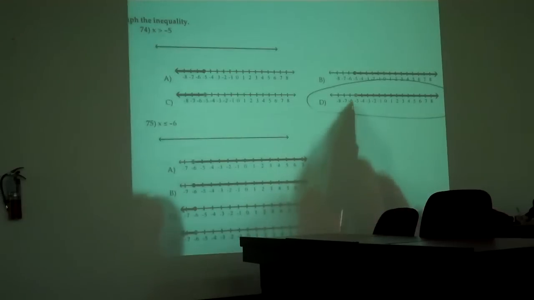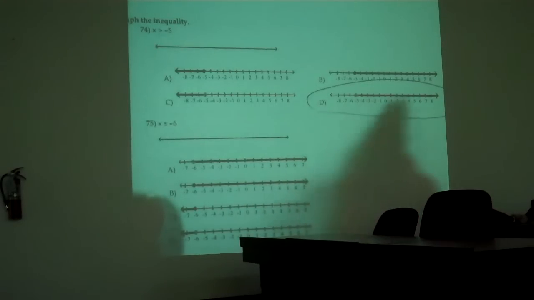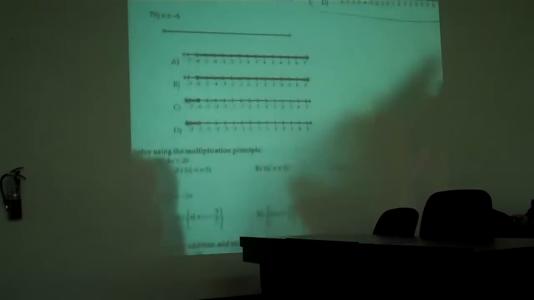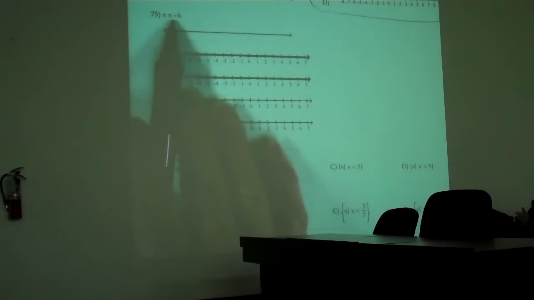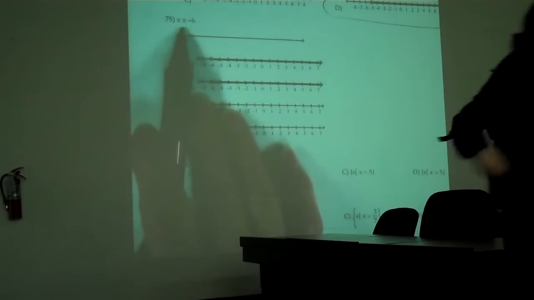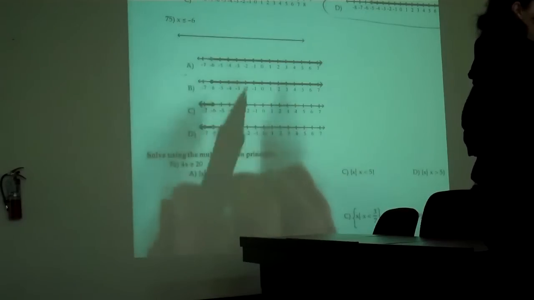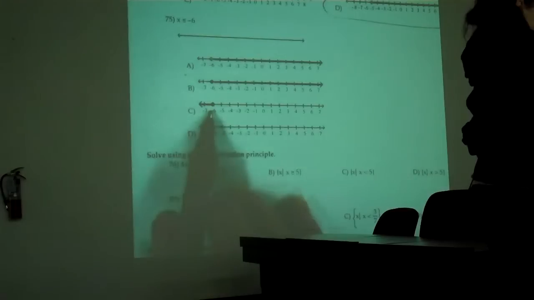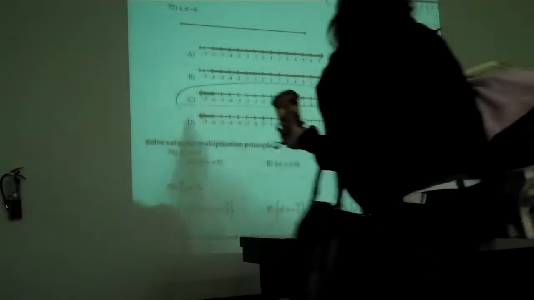So this one right here, open and then greater. This one, should it be closed or open? It's less than or equal. This one should be closed, going to the left or right? To the left. Closed, going to the left. Is this one right here.